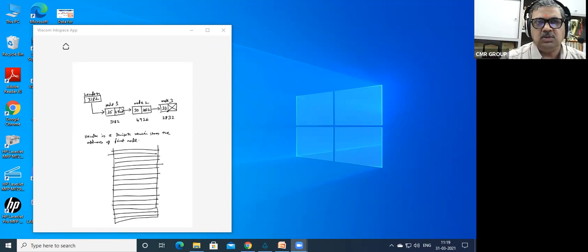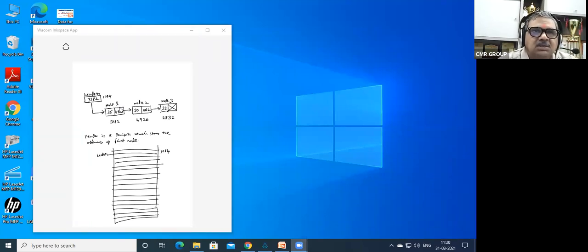Node 1 dot data is going to be there, and node 1 dot pointer is going to be there. Let us take node 1 at 3182. The header is also a pointer, which is stored at, let us take, 1084. The header is a pointer.